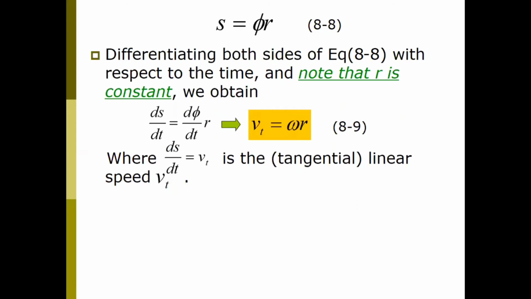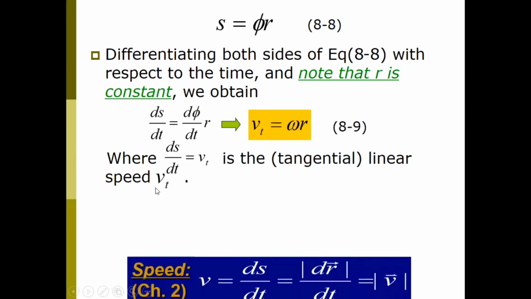Differentiating both sides with respect to time, noting that r is constant, we obtain ds over dt equal to d theta over dt times r. So velocity v sub t is equal to omega times r, where ds over dt is the tangential linear speed of the particle.